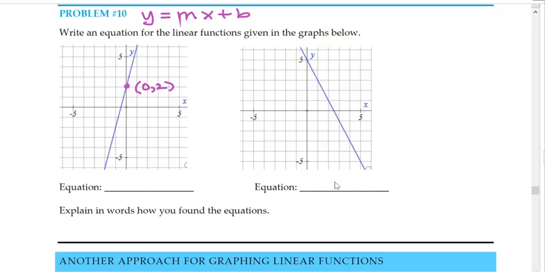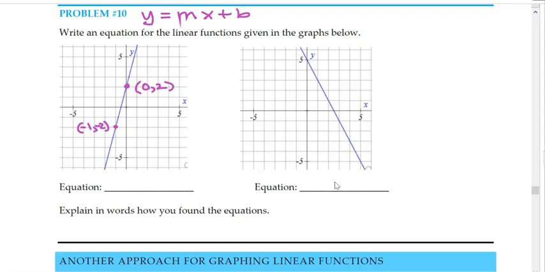To do that, I want to find a place I can see, right here, that's crossing right at -1 and -2. So I'm going to write those numbers here. That's the point (-1, -2). And then I just need to count going from there to there.